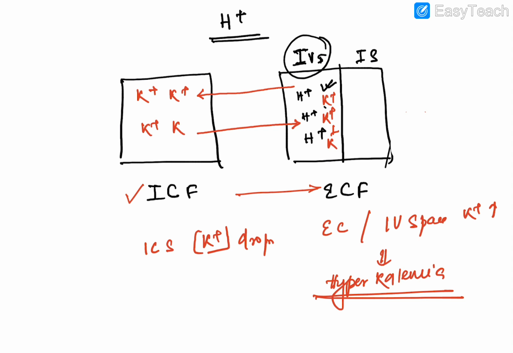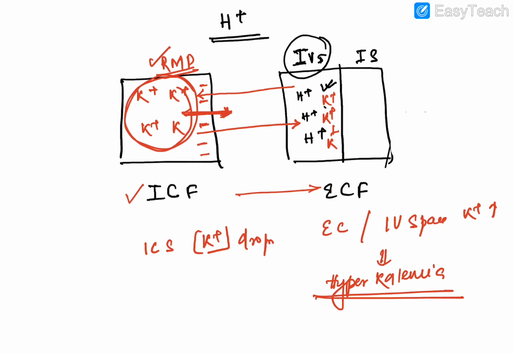So the level of potassium inside the intracellular fluid has reduced, and that is not good for the body's homeostasis, because if we remember basic physiology, the resting membrane potential of any cell is maintained by potassium ion and the movement of potassium ions from inside to outside. This maintains a diffusion potential, and this creates a negative resting membrane potential inside the cells, and then these cells can be depolarized.